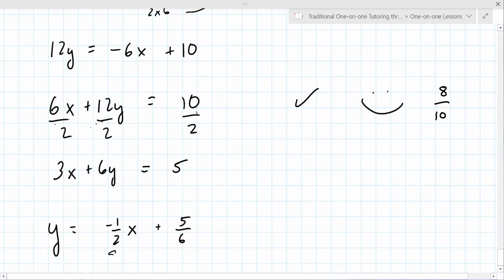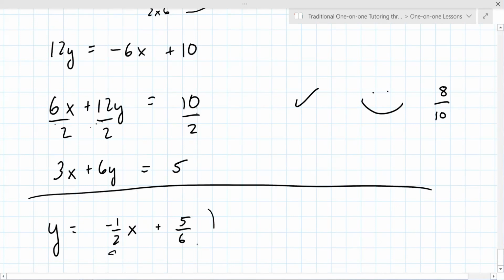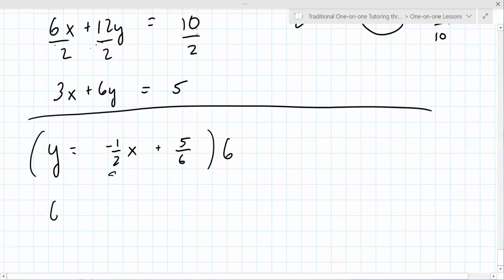So do this for me. Multiply this by 6 and let me know what you get when you move everything over. y equals minus 3x plus 5. And then multiply everything.